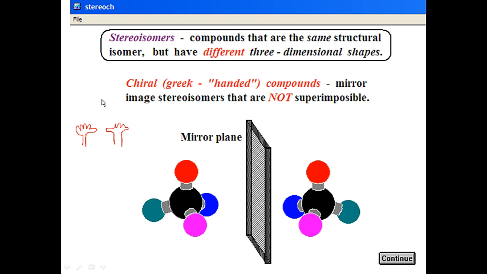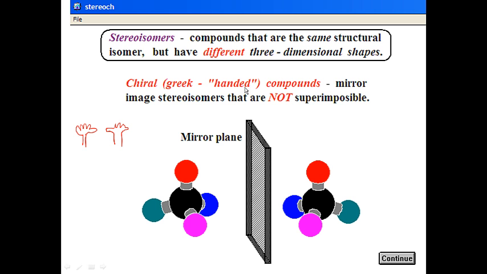You cannot place your hands on top of each other, palm to back, or with both palms facing down, and have your hands overlap each other or be identical to each other. You could say the same thing for feet, and there are other examples of chiral molecules.